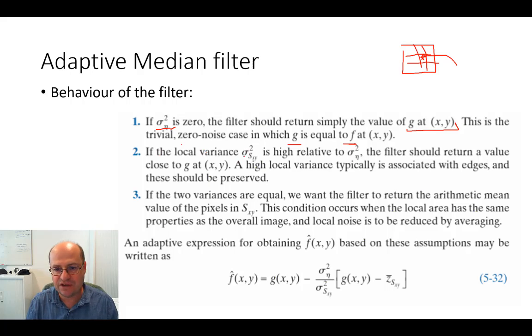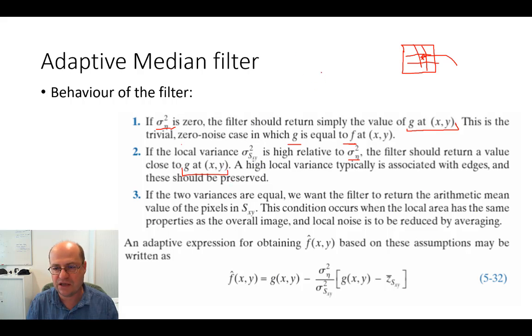If the local variance, meaning the variance of the pixel intensities in the neighborhood, is high relative to the variance of the noise in the whole image, the filter should return a value close to g at x and y.